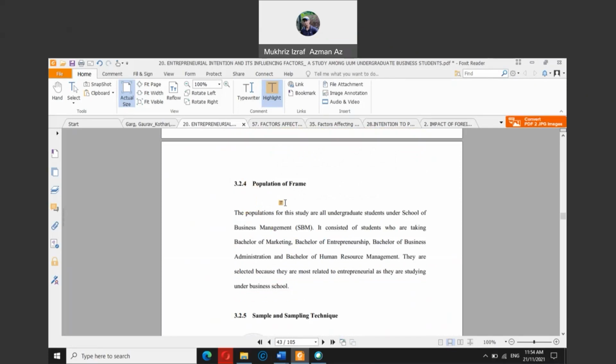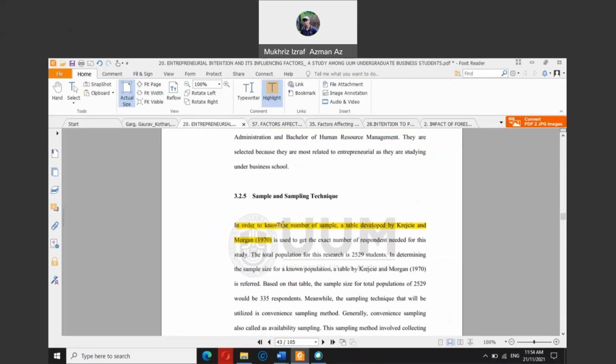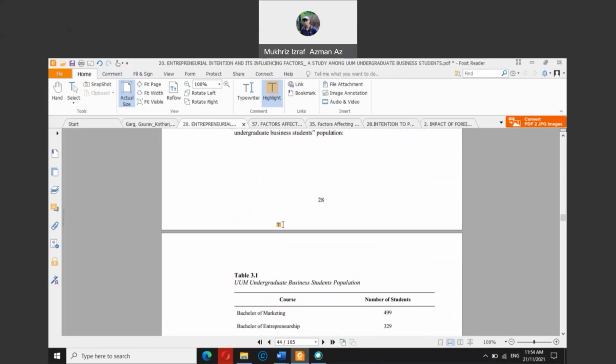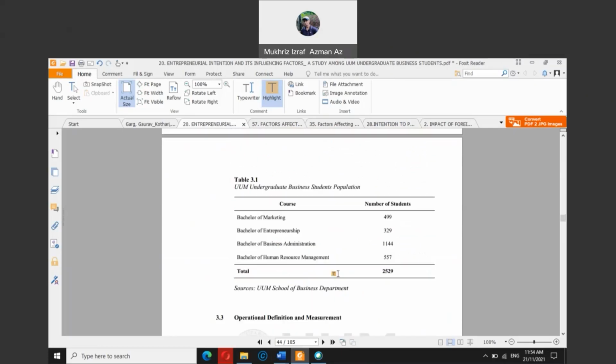So for the population frame, you need to know how many samples you are going to take. In this part here, table 3.1, you need to know exactly how many students come from it. So in this particular thesis, the focus is among the SBM department, and the student has obtained these actual numbers.